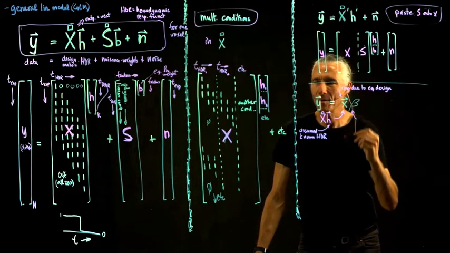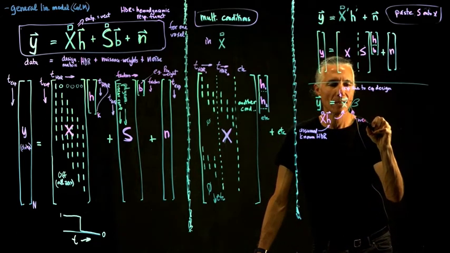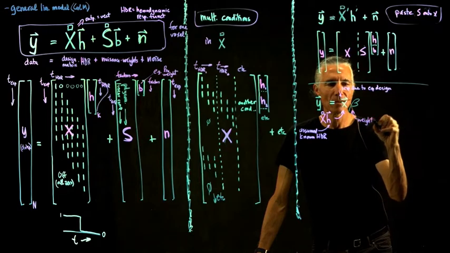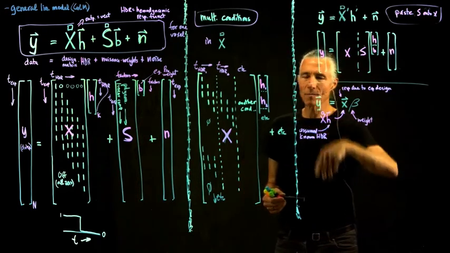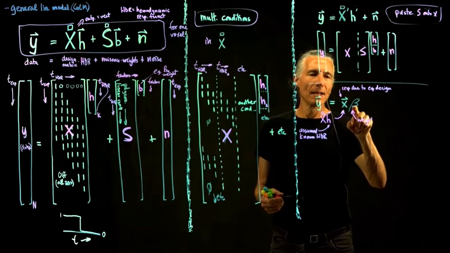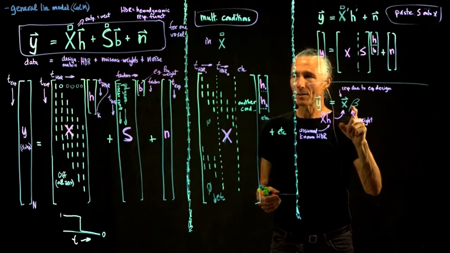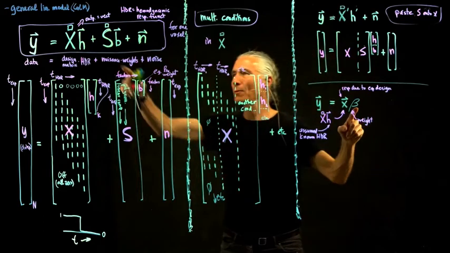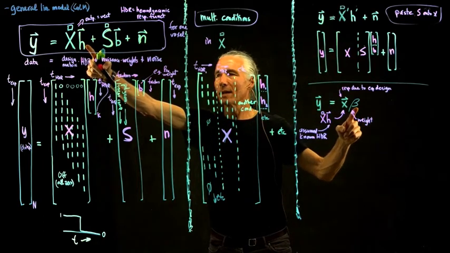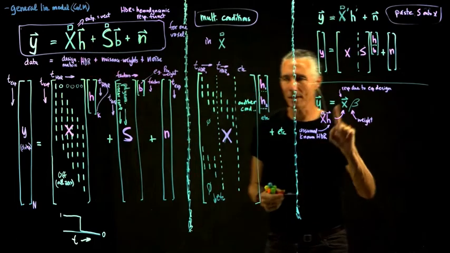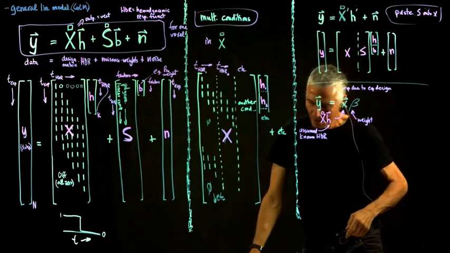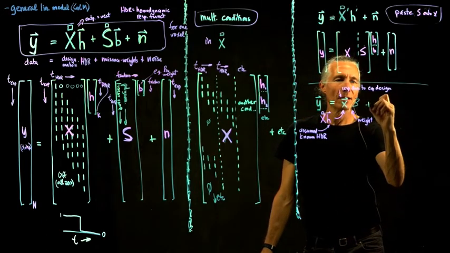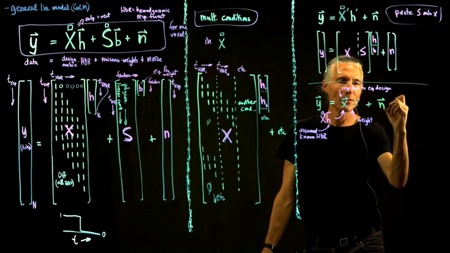So what is that number? That's just a weight. It's a single number, because remember the y is a vector over time, the x is a vector over time, and this thing is just a single number, as opposed to the hemodynamic response function, which is a vector, a set of numbers. And then you have the noise added onto it, the noise vector.